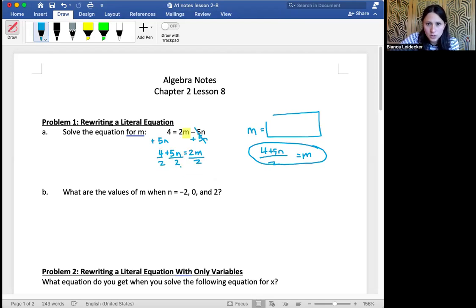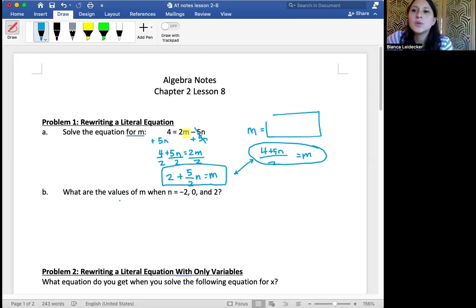And so 4 and 2 simplify to become 2. And then it's plus 5 over 2n equals m. So I would say this is a more simplified version of this equation, though they are very similar. This actually simplifies the 4 as well, 4 divided by 2, making it 2 instead of just 4 plus 5n over 2 equals m.